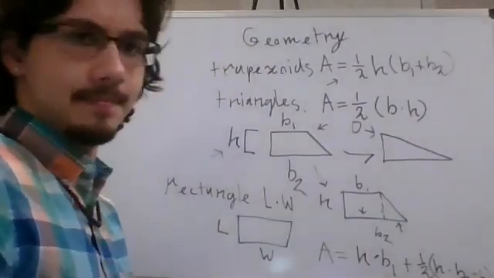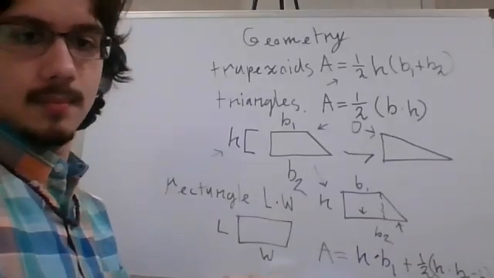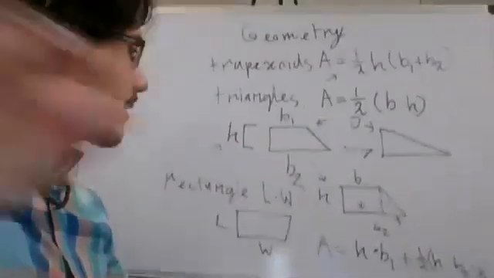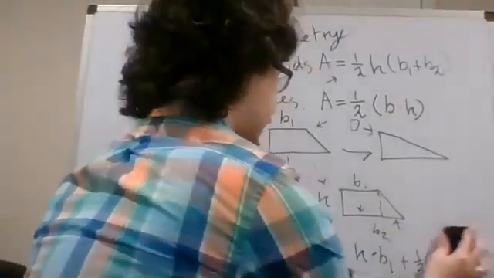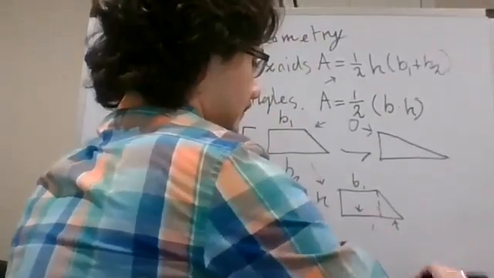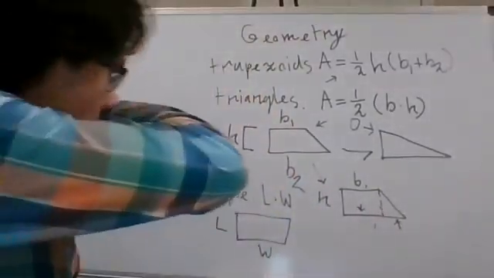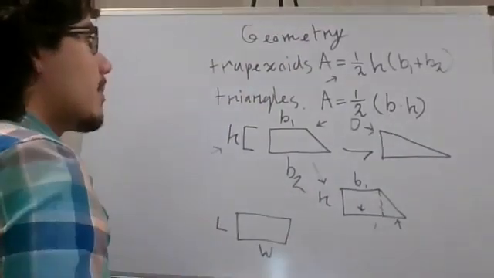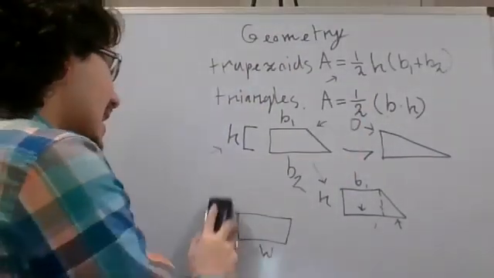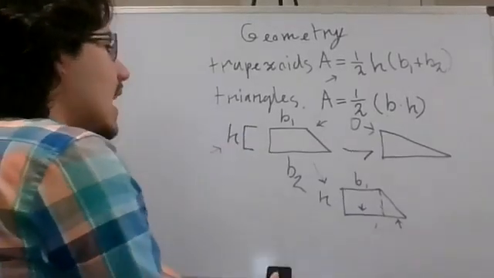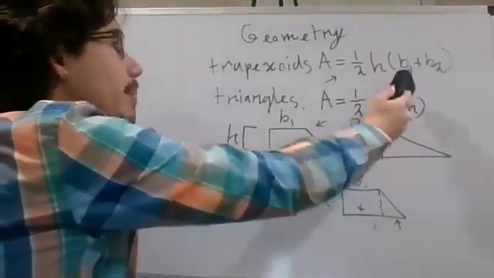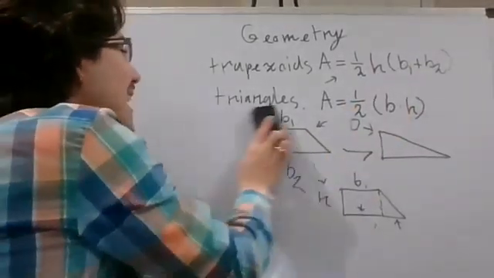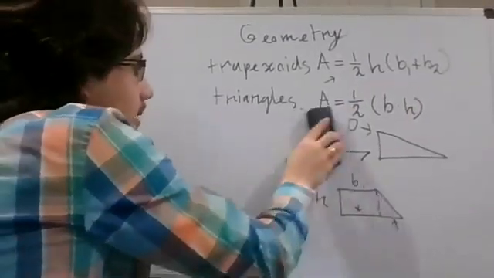Any questions so far? No, sir. Very good. So the way that we were able to determine the area of the trapezoid, and how if the trapezoid had one base being 0 it becomes the triangle area, is by analyzing the formula.